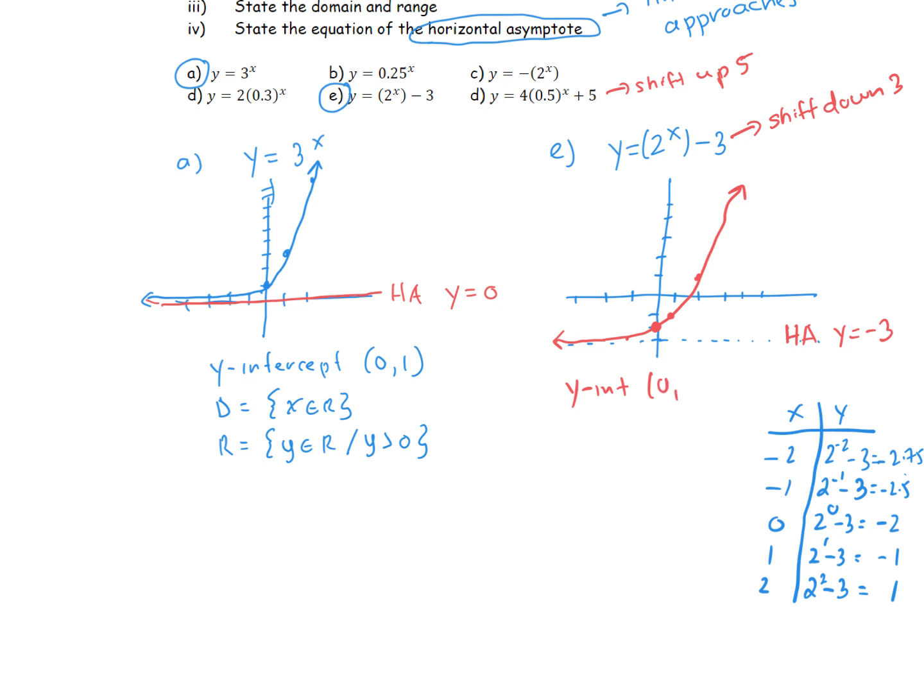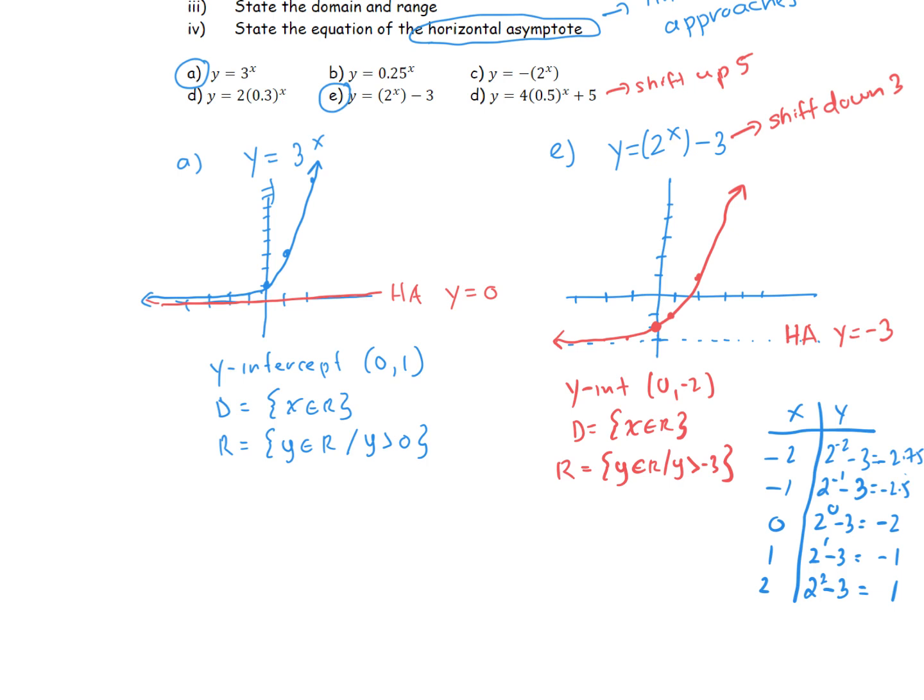So the y-intercept's now at 0, negative 2. The domain still stays as any real number. And the range now changes because now I can see the graph is above negative 3. Because again, that horizontal asymptote shifted down 3.